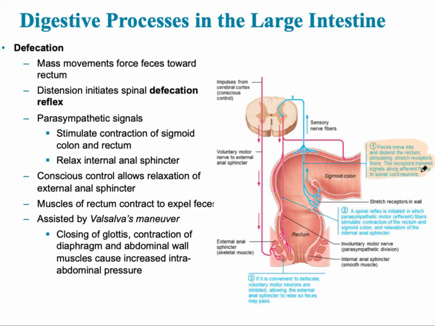This activates sensory nerve fibers that travel to the spinal cord. This is then going to activate a spinal reflex that causes contraction of the rectum and relaxation of the internal anal sphincter. So the internal anal sphincter is involuntary, but the external anal sphincter is voluntary.